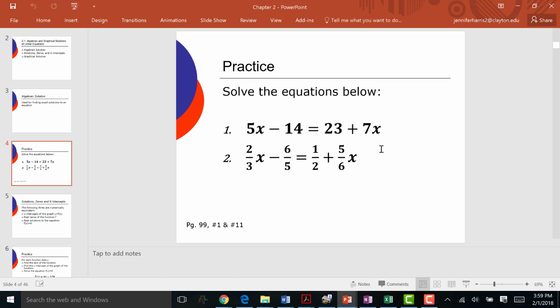So you end up with a negative 5x, and the negative 36 and positive 36 cancel. And you end up with 15 plus 36 on the right, which is 51. Divide both sides by negative 5. And my answer is what? What's my solution? We call this the solution. My solution is negative 51 over 5. Done.